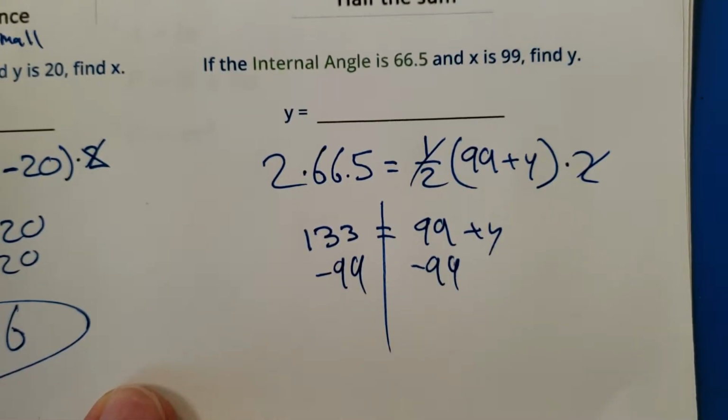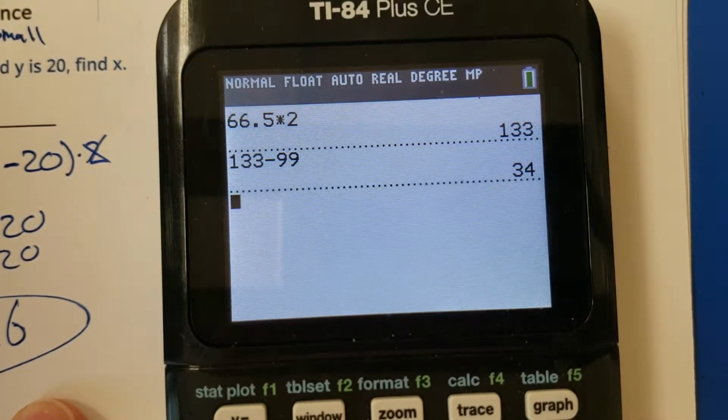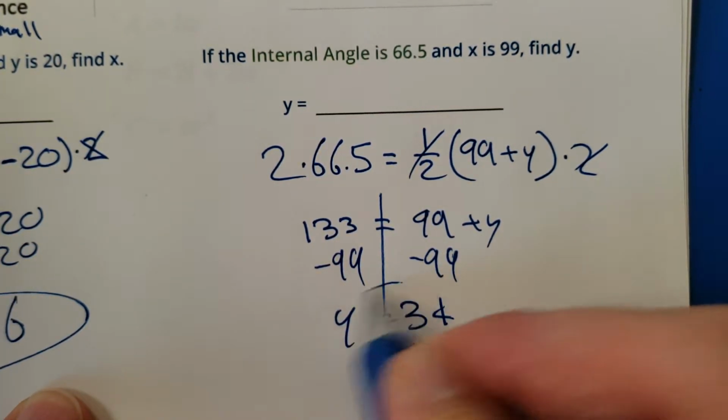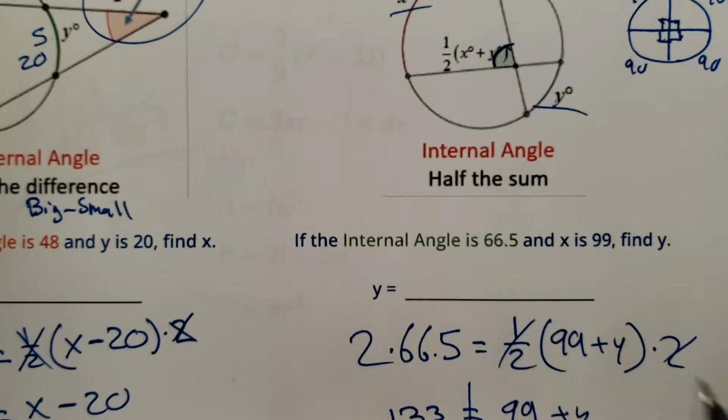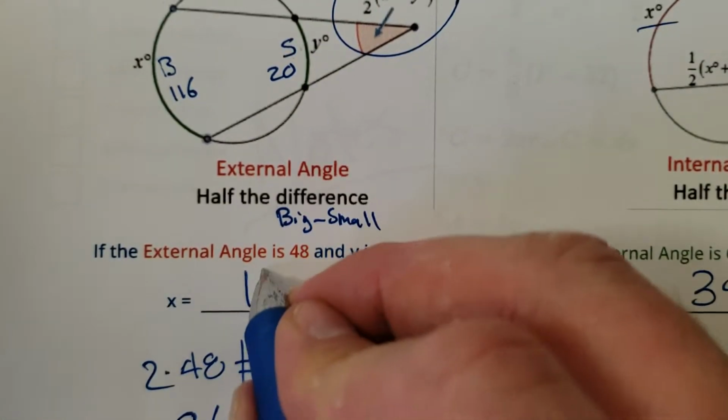Subtract 99 from both sides. 133 minus 99 is 34. So y is going to be 34.